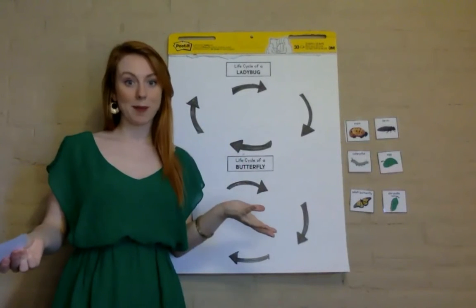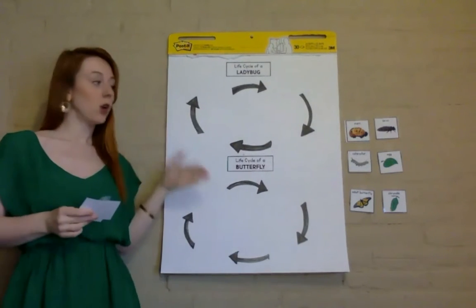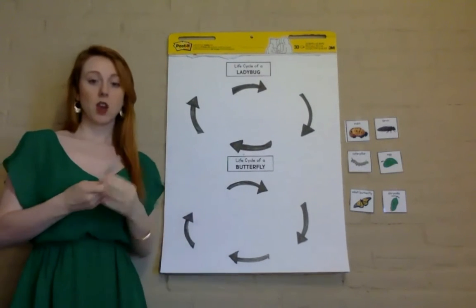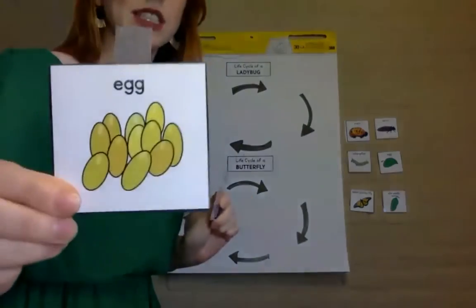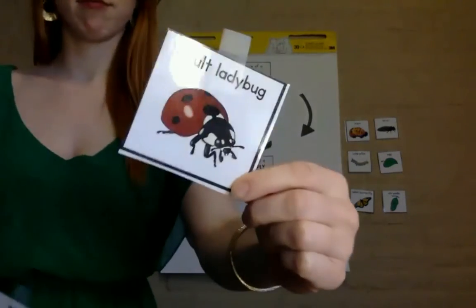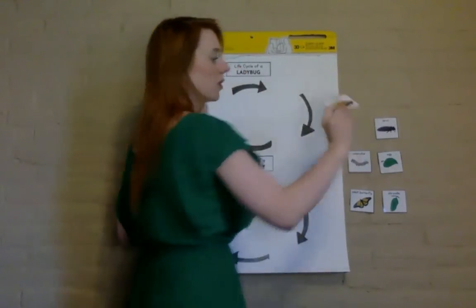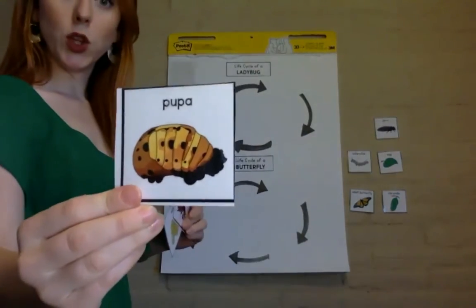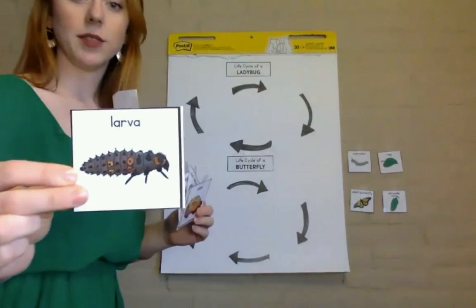Now that we've learned about metamorphosis, we're going to compare the life cycle of a ladybug with the life cycle of a butterfly. We have visuals and the stages right here. For instance, we have egg, adult ladybug. We have the pupa and the larva.